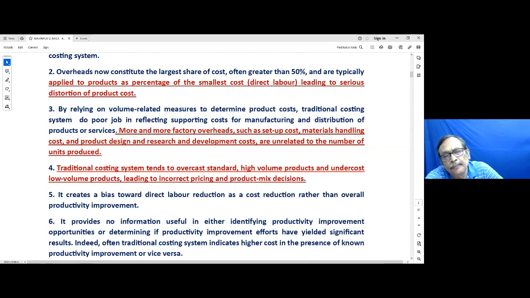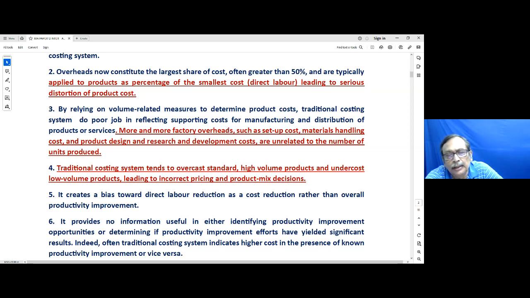Coming to the third point, by relying on volume related measures to determine product cost, traditional costing systems do a poor job in reflecting supporting cost for manufacturing and distribution of products or services. If we are going to use only volume related measures, then it ignores factory overhead such as setup cost, material handling cost, product design and research and development cost, which are unrelated to the number of units produced.